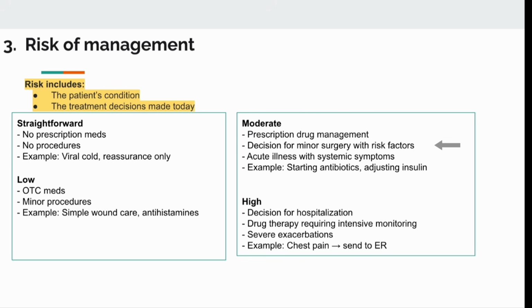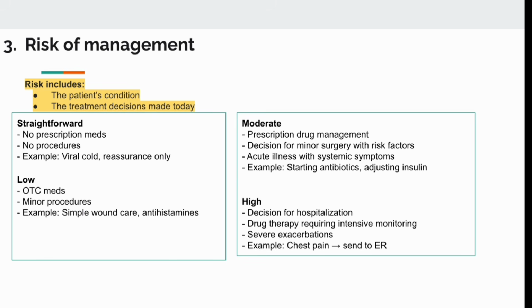If the risk of management has to be moderate, there should be prescription drug management, decision for minor surgery with risk factors, acute illness with systemic symptoms. And if the risk of management should be high, there should be decision for hospitalization, drug therapy requiring intensive monitoring, severe exacerbations, for example, chest pain, sent to emergency room.